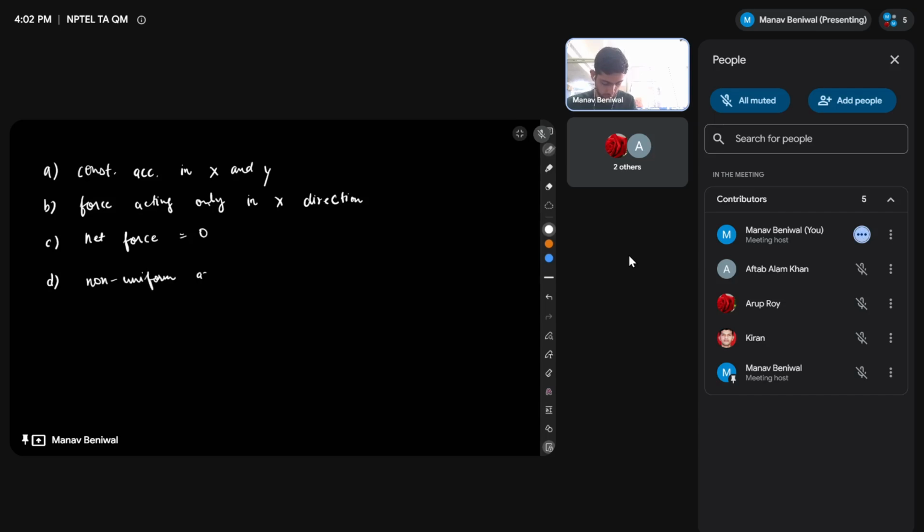And finally, option E: the torque acting on the particle is non-zero, so torque not equal to 0. This is it, right? And the correct options that are given are, I think, this one and this one. Is that correct?